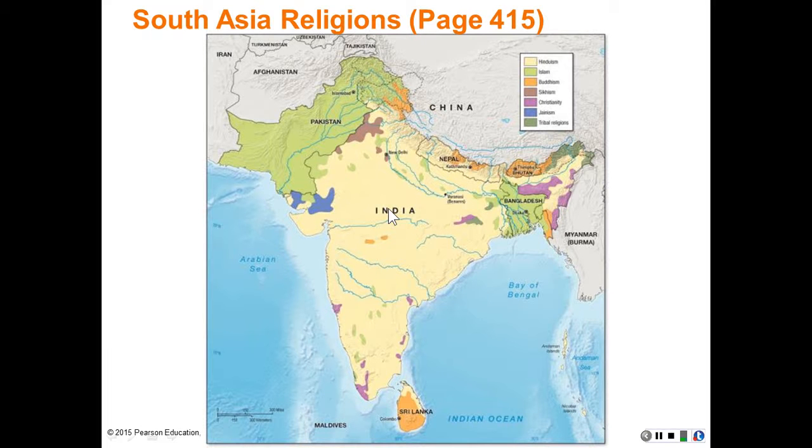However, in India, we find that Hinduism is the strongest religion throughout the entire portion of the region. With a few exceptions, we have the transitional religion of Sikhism. That's kind of a transition between Islamic and Hindu religions, often a response to the caste system that we'll talk about later.